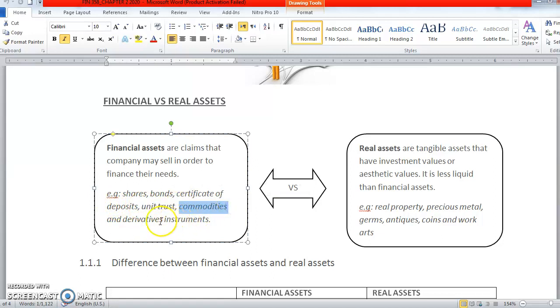Commodities. Pernah dengar, right? Commodity in bahasa. So, commodities referring to the real bahan mentah yang diproduce oleh sesebuah negara. Kalau di Malaysia, we have aluminium, for example, biji timah daripada dulu lagi.